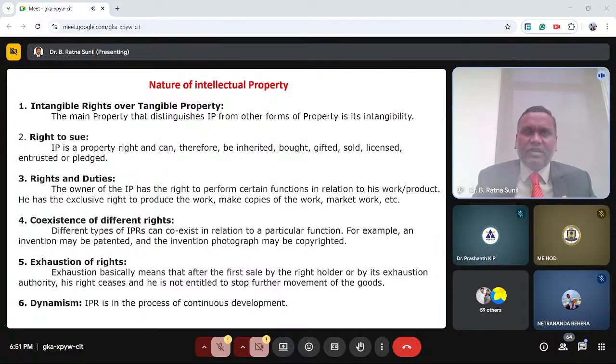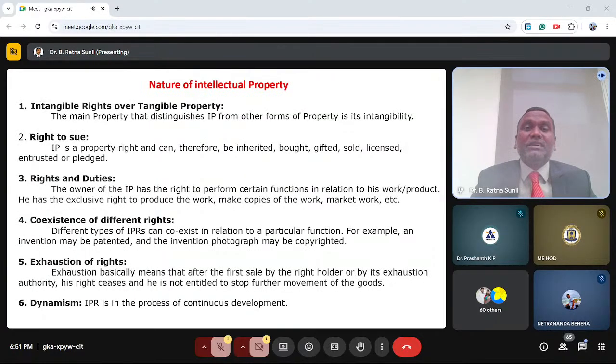Rights to use: I will have a complete right to use. Rights and duties: I will have some rights to exhibit my work, to make copies of my work, and to alter my work. Coexistence of different rights: I can have different rights at the same time. And exhaustion of rights: I can sell my rights completely to somebody else.